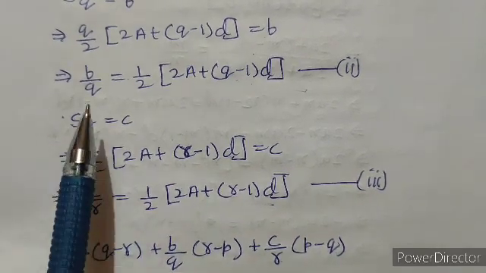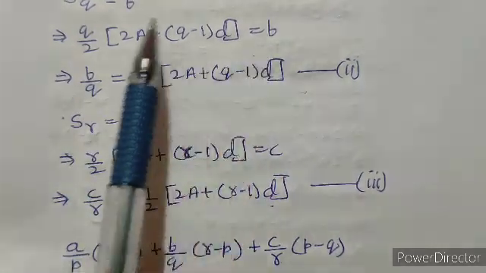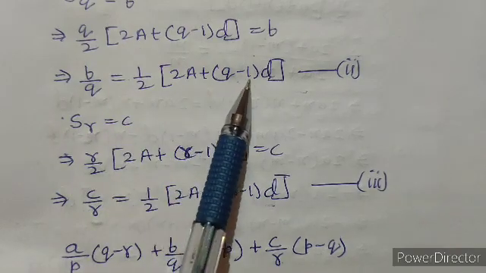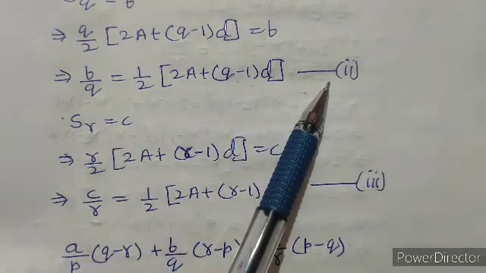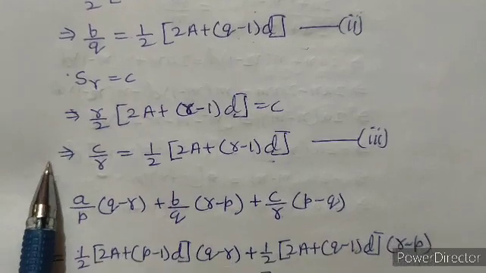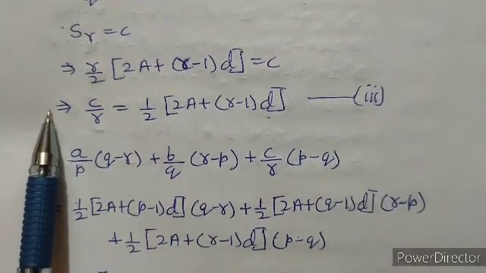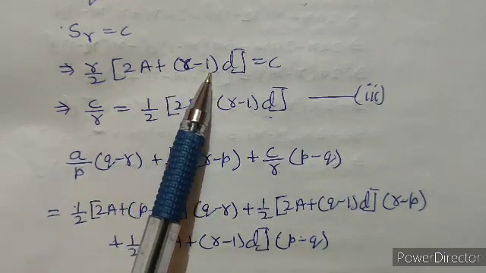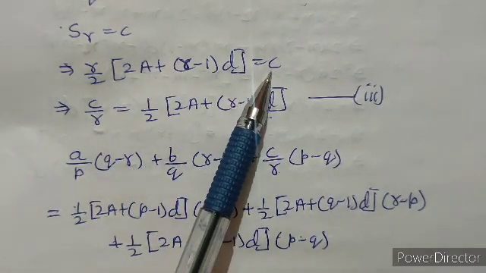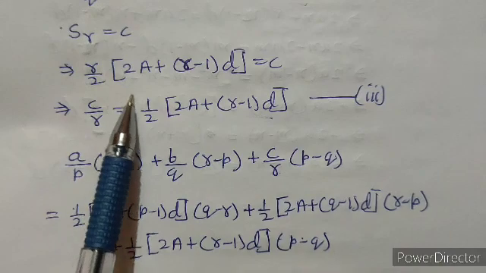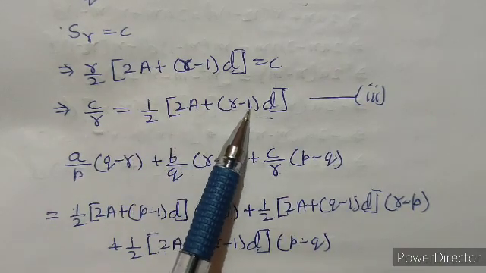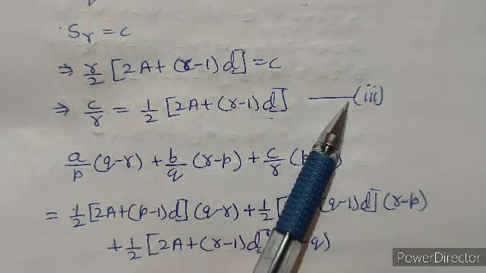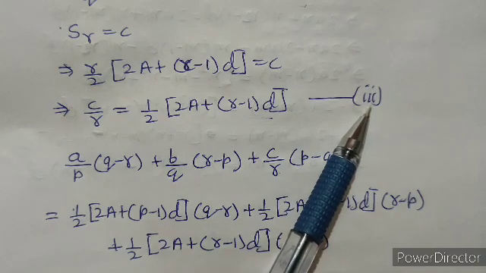Now on dividing both sides by q, b upon q will be equal to 1 by 2 into 2a plus (q minus 1)d, and this is equation second. Sum of the first r terms is equal to c, that means r upon 2 into 2a plus (r minus 1)d will be equal to c, or we can say c upon r will be equal to 1 upon 2 into 2a plus (r minus 1)d, and that we have taken as equation third.